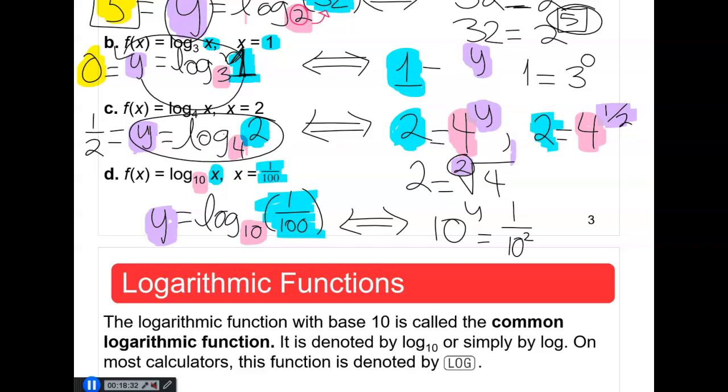So this fraction will be 10 to the power negative 2. And now you can see clearly by the one-to-one property that we learned in the previous section, 10 to the y is equal to 10 to the negative 2, so then y must be negative 2. And so that is the answer here, the evaluation of that logarithm: negative 2.